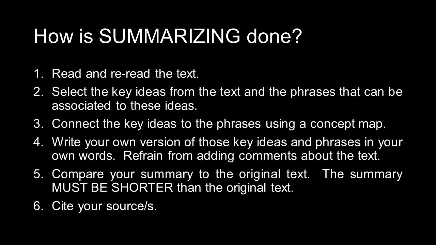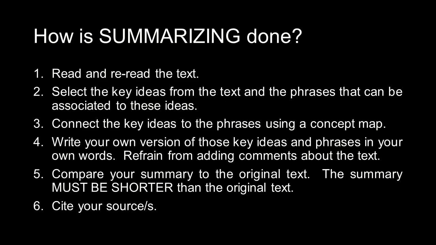So how do we summarize a text? There are multiple steps in text summary, and the first one is always to read and reread the text. You can only understand the real meaning of a text when you have read it multiple times.